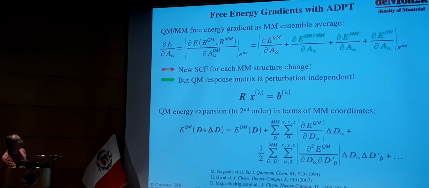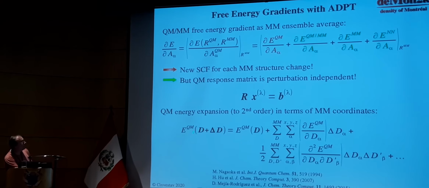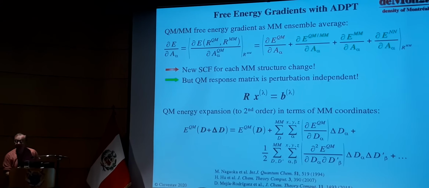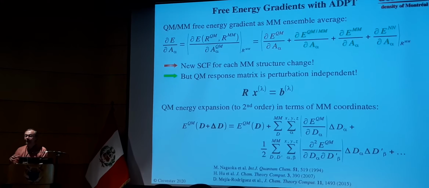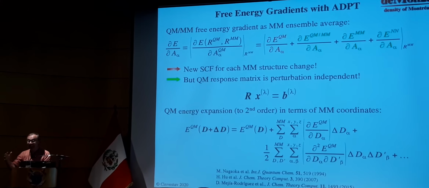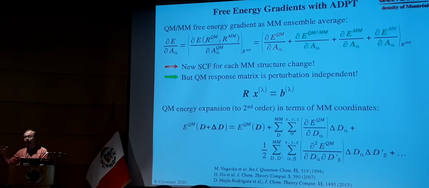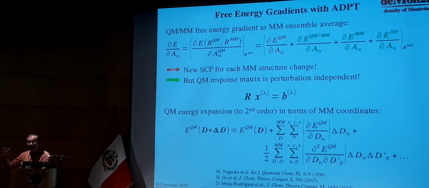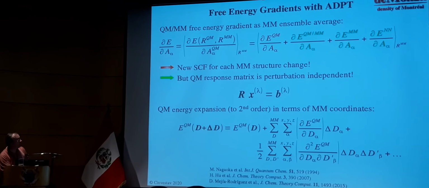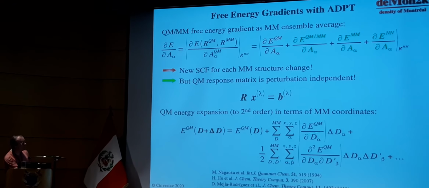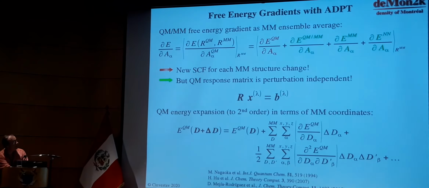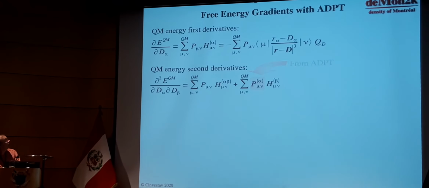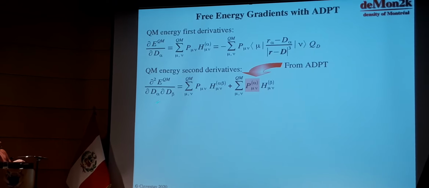And then you can expand the new QM energy, which is now the old QM energy from this frozen beginning structure, with this new MM structure. The solute, however, is frozen, has not changed. You can expand this simply in a Taylor series. And then what you have to calculate are these derivatives, and these are these derivatives.